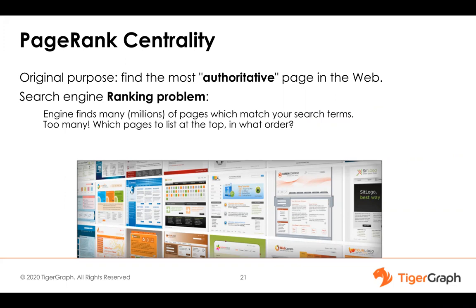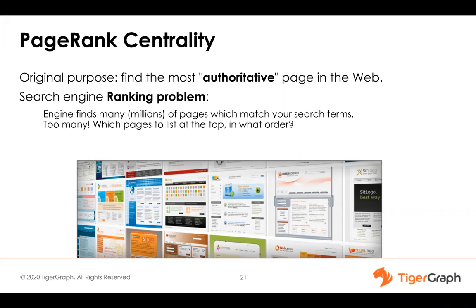When PageRank was first developed by Larry Page and Sergey Brin, who ended up founding Google, they wanted to take a web page, and each page is considered a node, and ask which is the most authoritative page? In the early days of the web, there were maybe 10,000 web pages, then 100,000, a million, and now there might be trillions.